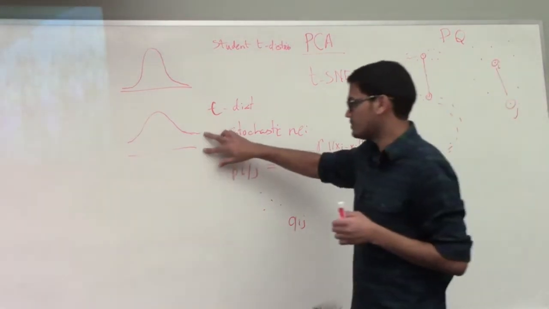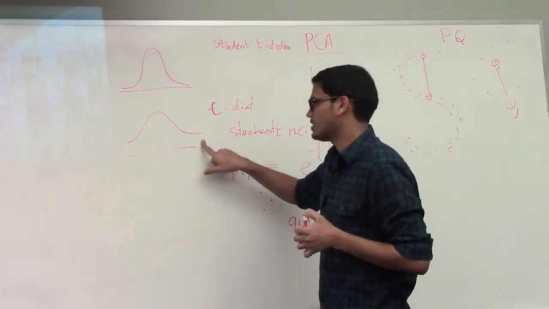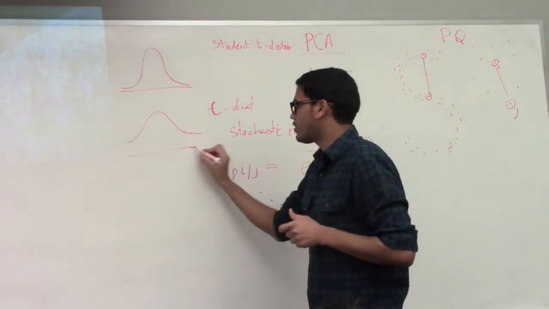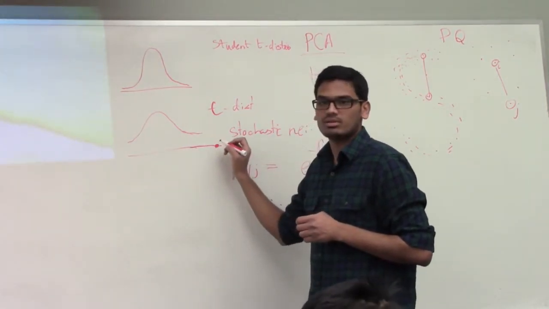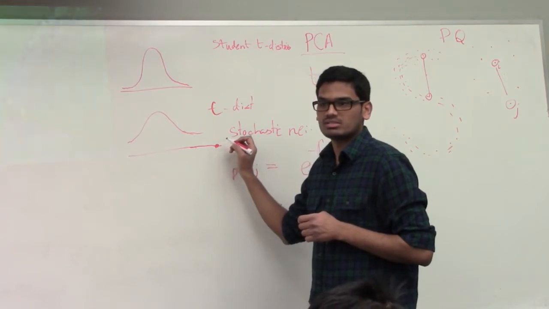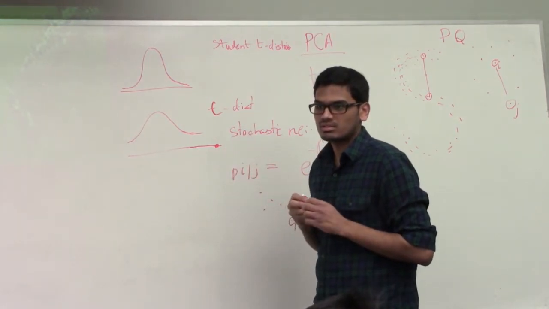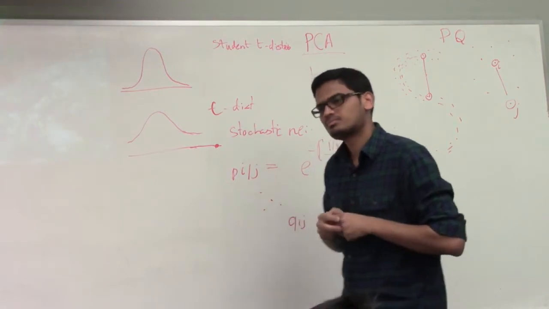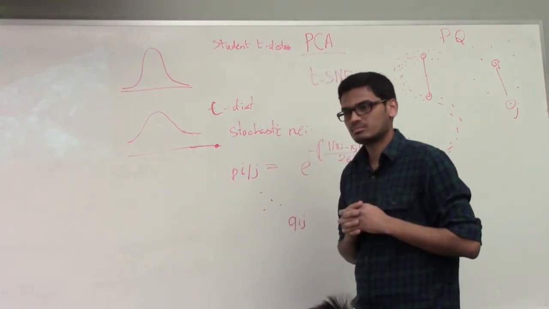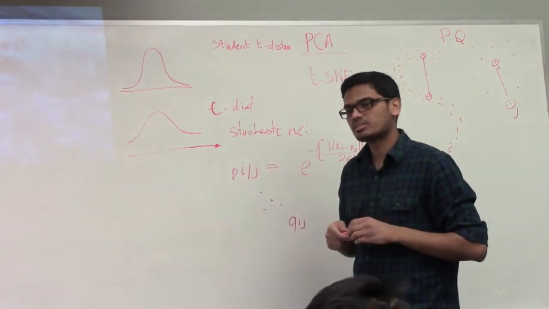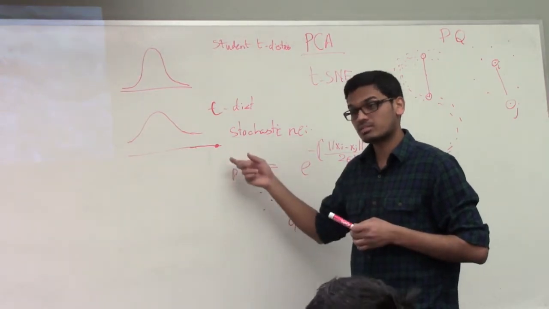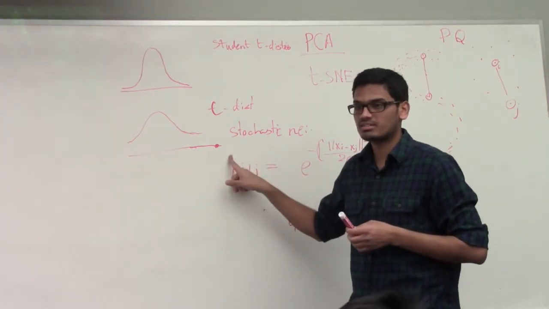Because the tail is fat, the probability of picking the far away points is also large. Another reason they picked the Student T distribution is that they wanted to estimate the mean and the variance of the point without knowing the variance, so it does not have the variance parameter. But this is the main reason, because it is fat tailed.